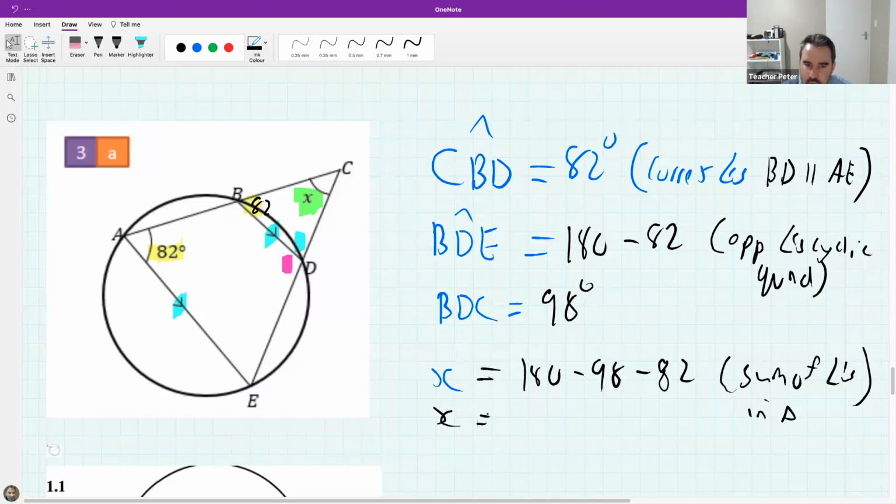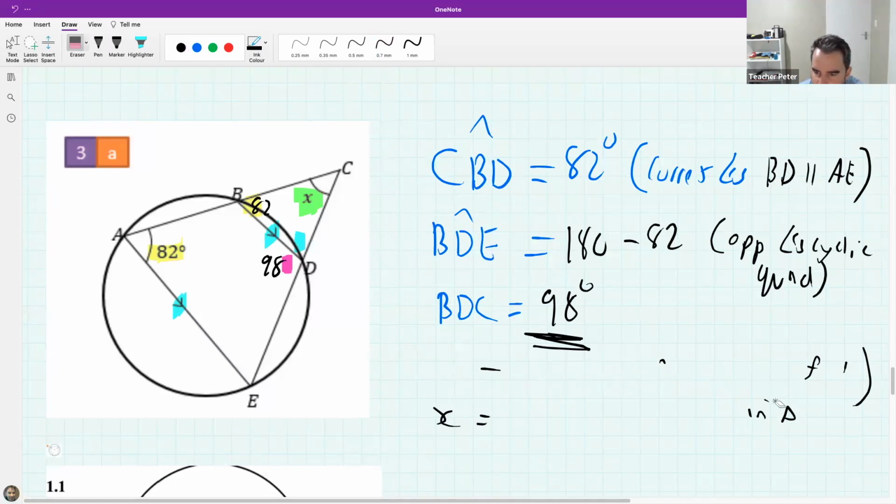Have I made a mess up? So I got 82 for that. I think I must have made a mistake somewhere. This is 180 minus 82, that's 98. So if that's 98, oh, I know where I made a mistake.